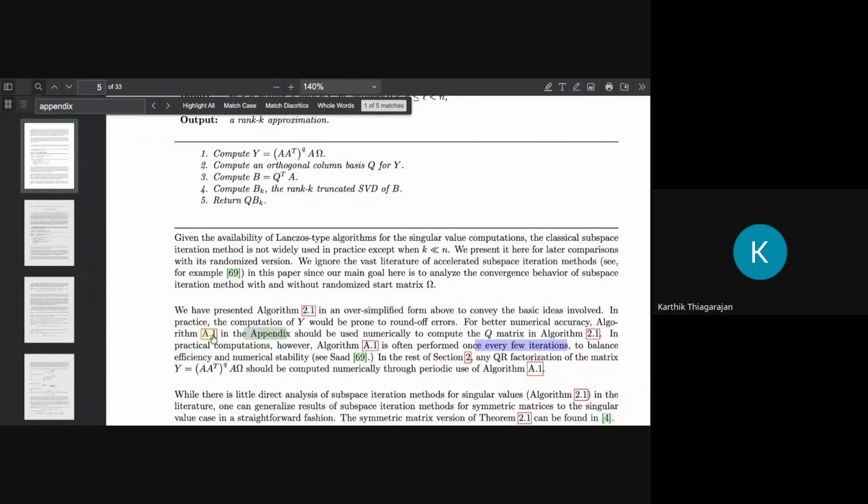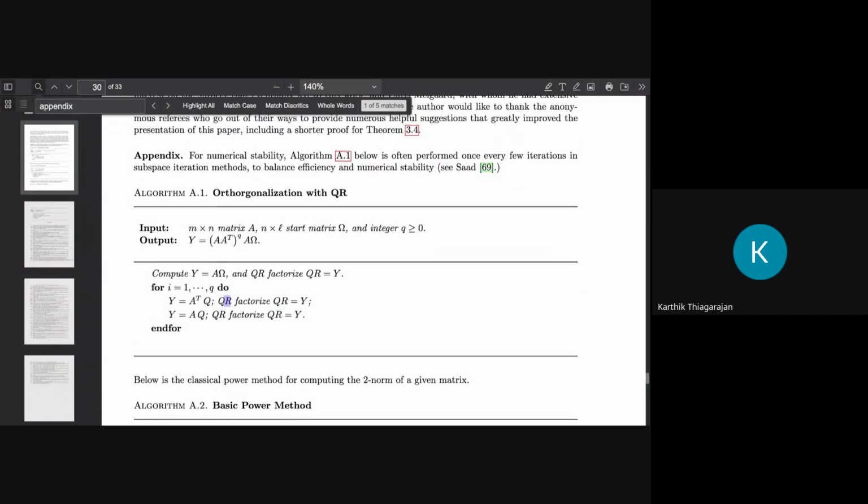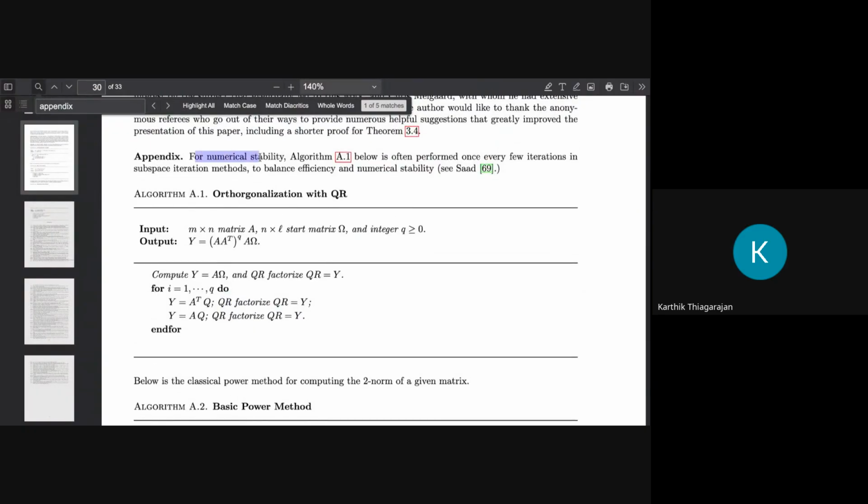They do it after multiplying by A transpose and then after A also. If you notice, they start with A omega, first orthonormalize it to get Q, then multiply by A transpose, immediately orthonormalize, and then multiply by A and orthonormalize to get Q. So they do it twice, in fact. In the course slides we are only doing it once, but apparently you can even do it twice. Yeah, for numerical stability is what they also claim.